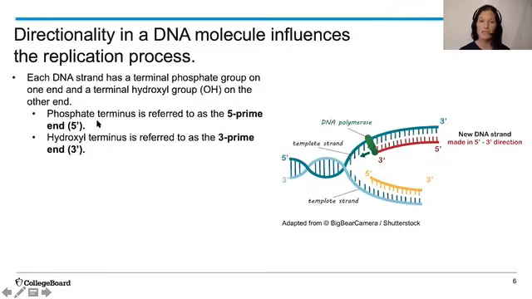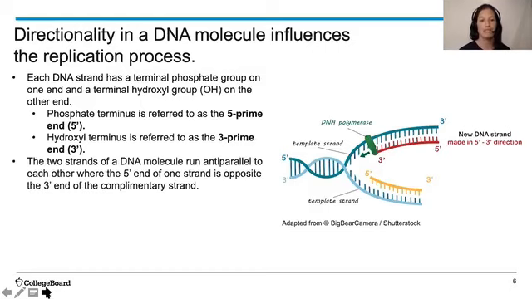You'll see that notation in the picture. The 2 strands of DNA run anti-parallel to each other, meaning they're running in opposite directions. So the 5' end of one strand is opposite the 3' end of its complementary strand.